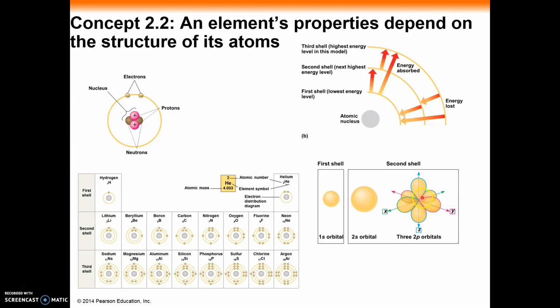Very rarely do they pass through the middle. Okay? Maybe out here, or over here, over here, over here. Each one of these can hold 2. So 2 here, this is filled. 2 here, 2 here, 2 here, 2 here. We have a total of 8 that can fill this second shell.